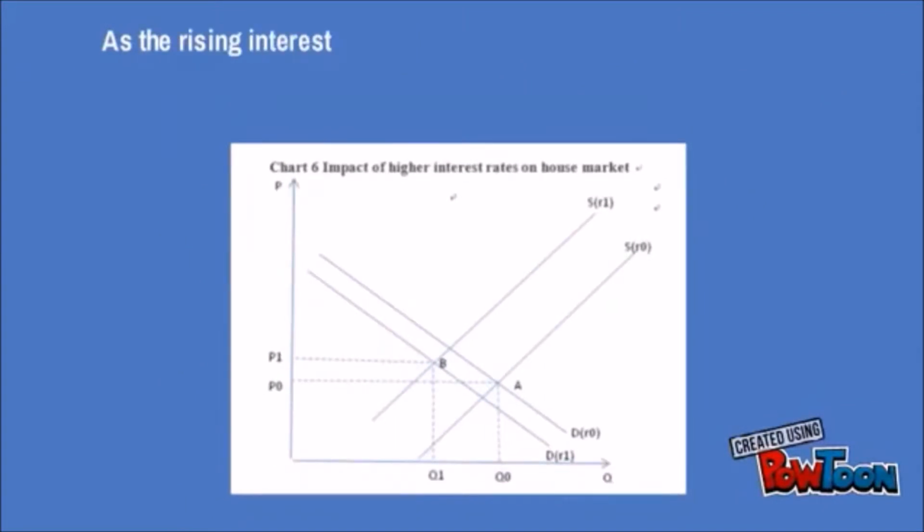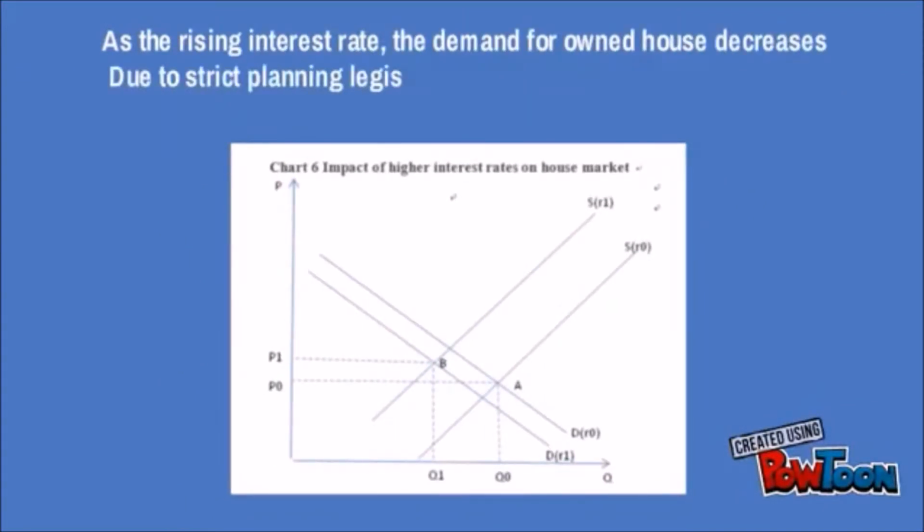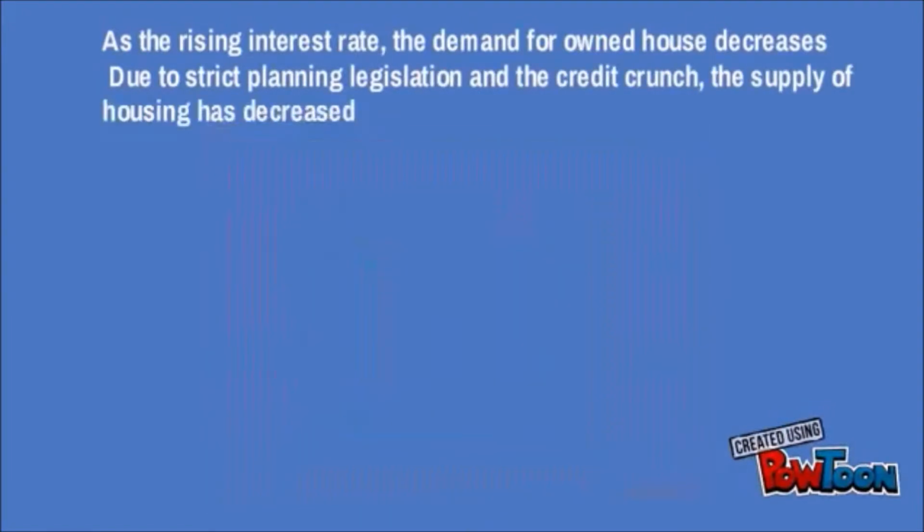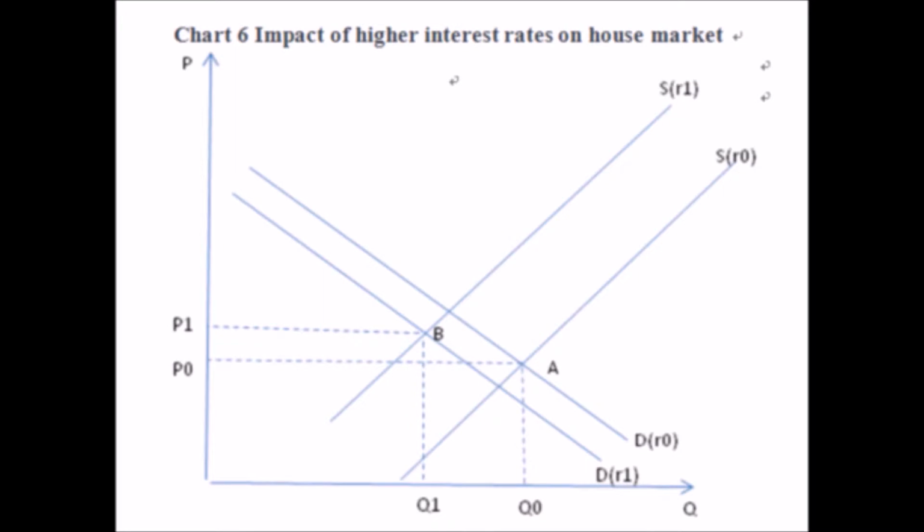As the interest rate rises, the demand for houses decreases. This will shift DR0 to DR1, and due to the street planning legislation and the credit crash, the supply of housing has decreased.